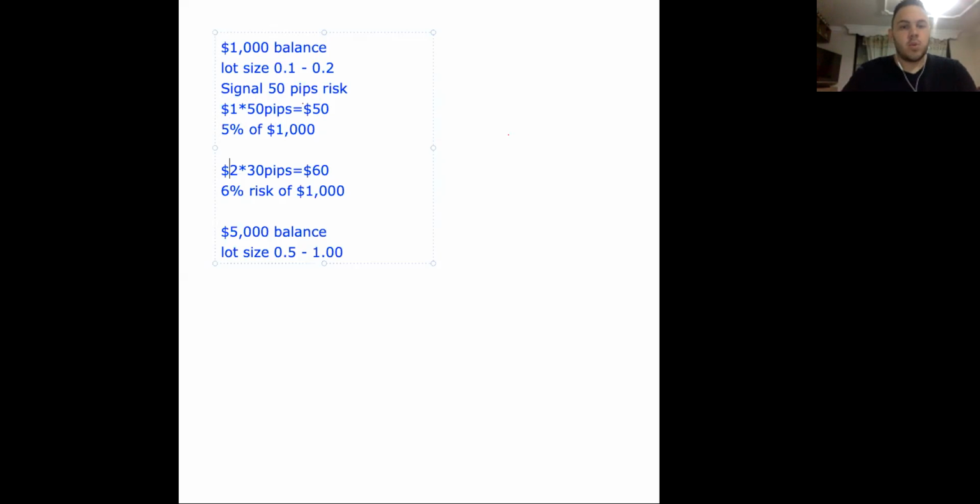But if you did $2 on a risk of 50 pips, now you're risking $100 of the $1,000, and that's a 10% risk, which in my opinion is too risky. It's a higher risk.